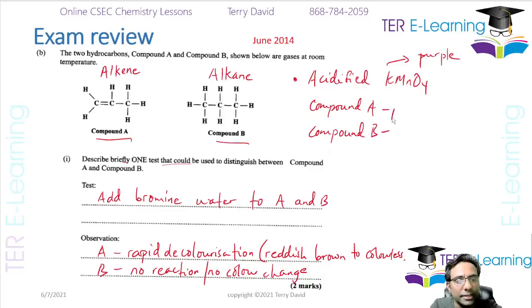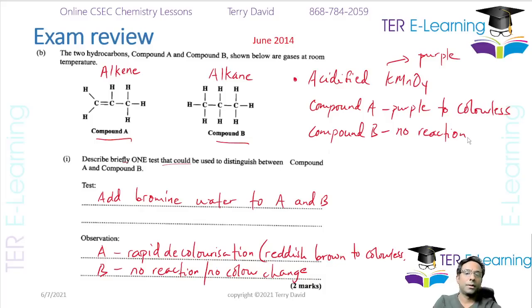So here we're going to get a reaction, purple to colorless, and this one here is no reaction or no color change. So please make sure you know how to differentiate between an alkane and an alkene. You have two tests you can choose from: use bromine water, or you can use acidified potassium manganate 7.